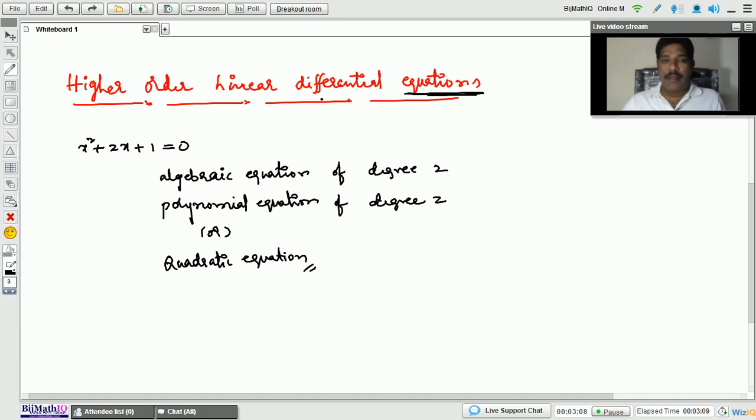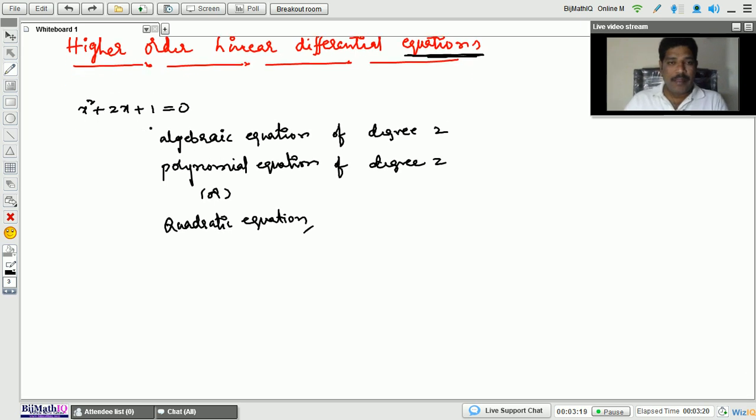A differential equation means an equation which involves differentials. For example, x square plus 2x plus 1 equals 0 is an algebraic equation. Suppose the equation involves a derivative like dy by dx.